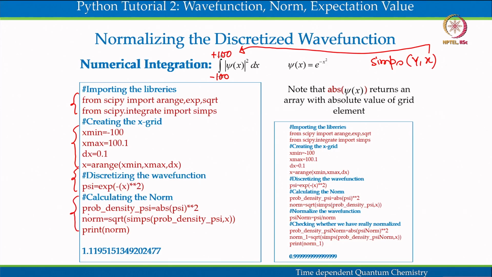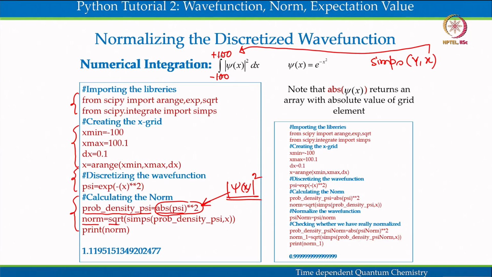First we will define the probability density of psi. How are we going to define it? It is nothing but the absolute value of psi squared. So this part is nothing but psi of x squared. That's the probability density. And then we have to find the norm.